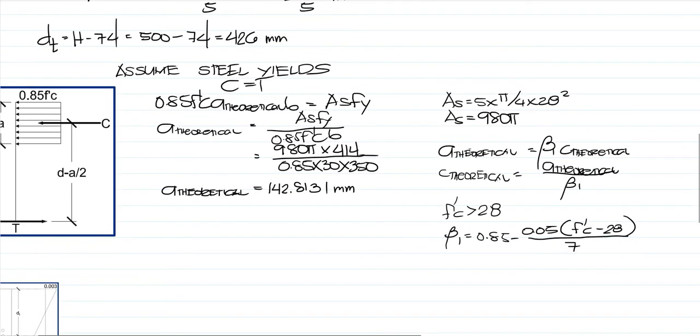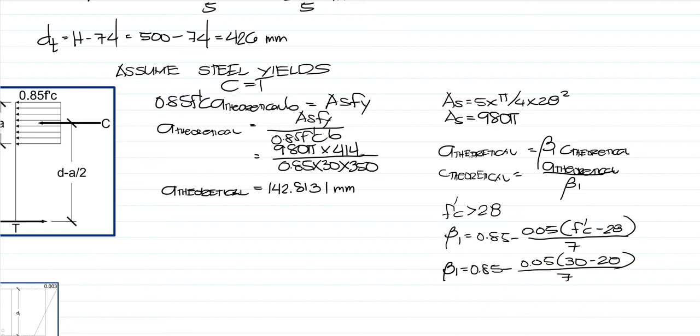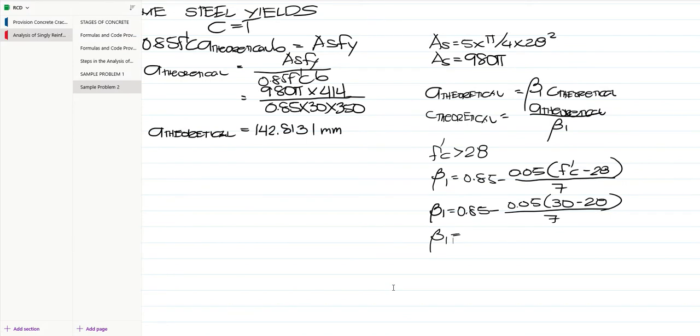So, dyan natin ngayon kukunin yung value ng beta 1 natin. So, beta 1 is just equivalent to 0.85 minus 0.05 times 30 minus 28 divided by 7. So, we can have a value of beta 1 equivalent to 117 over 140. So, yan ngayon yung value ng beta 1 natin.